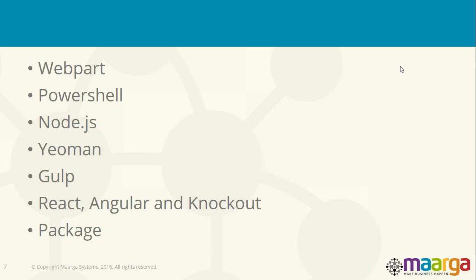So the first one, we might be hearing a lot about web parts. So what are these web parts? For SharePoint developers, it might sound pretty much the same as the web parts we call in the older versions.